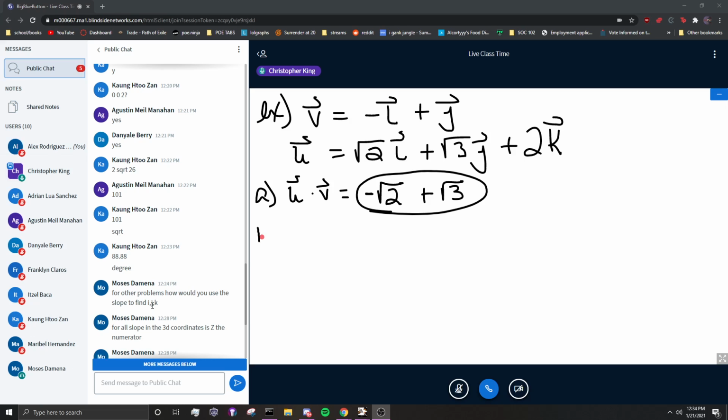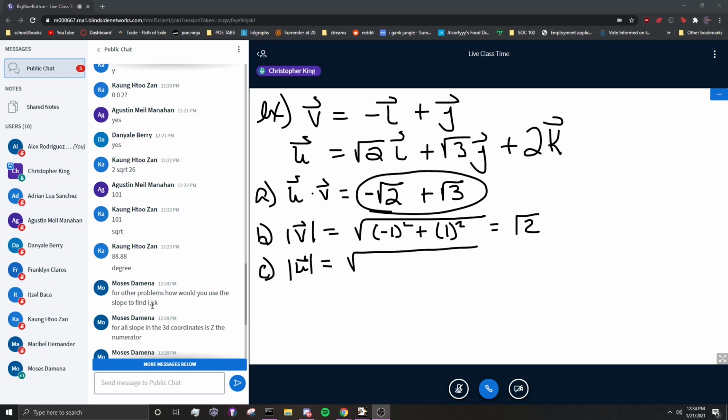All right, so the next piece, I want to find the magnitude of vector v. That's going to be the square root of -1 squared plus 1 squared, so I'm going to end up with the square root of 2. Next is the magnitude of vector u.